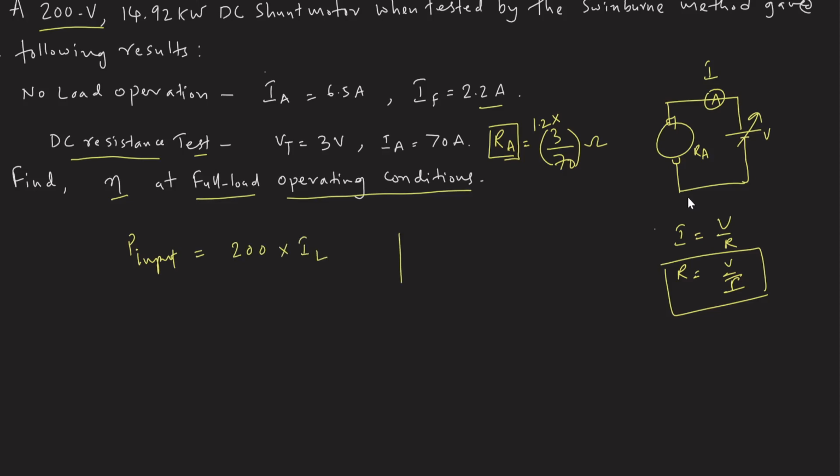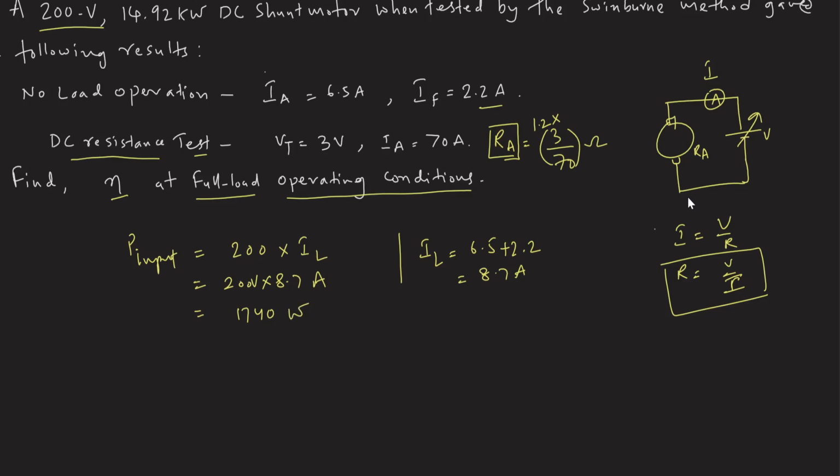Line current is armature current plus the field current, so this is 8.7 amps. So 200 into 8.7 amps. How much is this we are getting? 1740 watts.